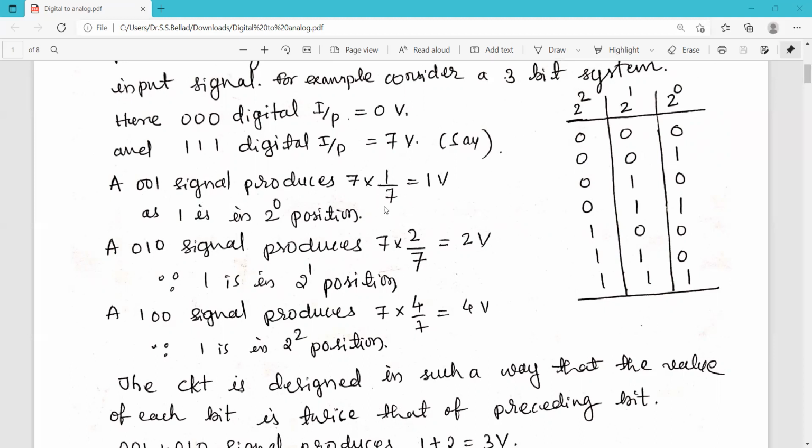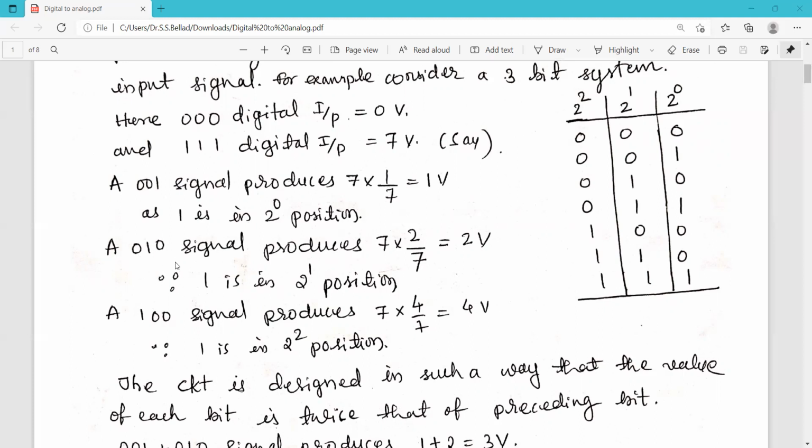This 1 by 7 is called the binary equivalent weight of this signal. That means it produces a voltage of 1 by 7, so we multiply this 1 by 7 into 7 to get the 1 volt. Here 1 is in the 2 raised to 0 position.